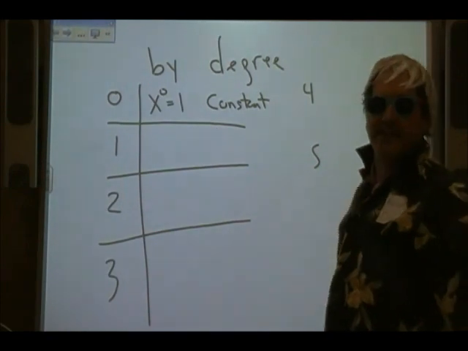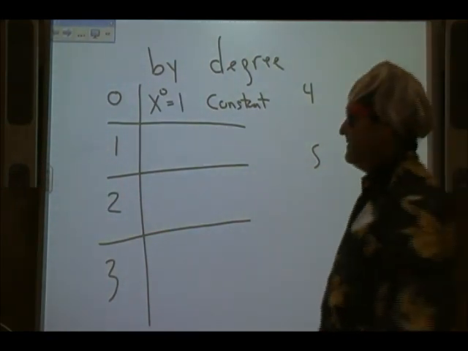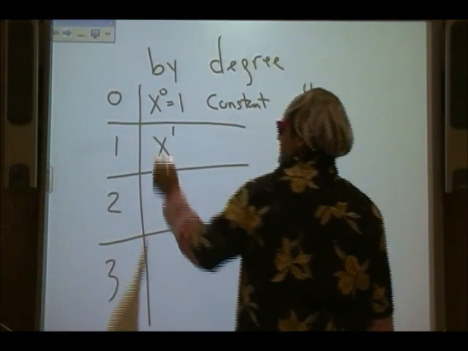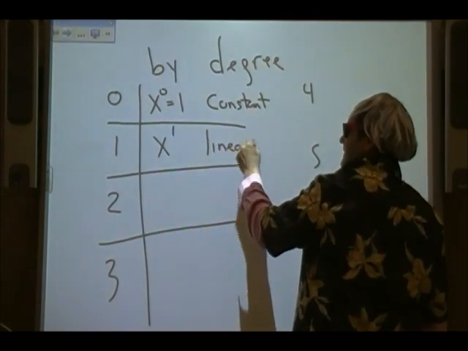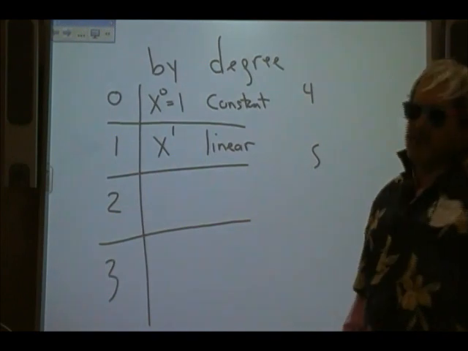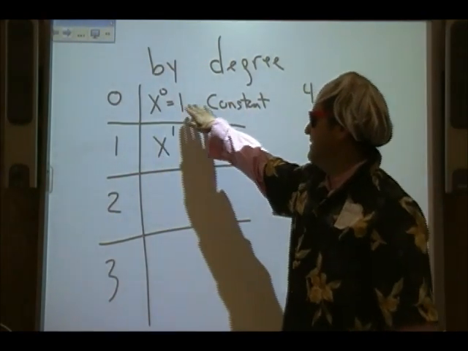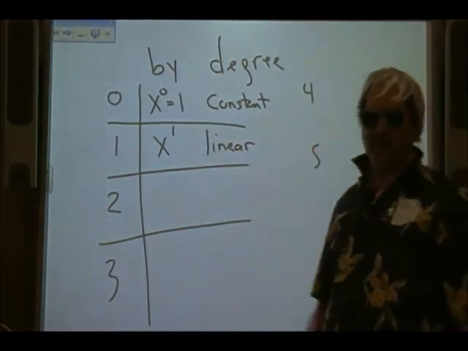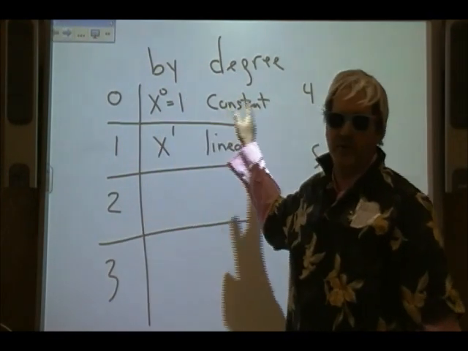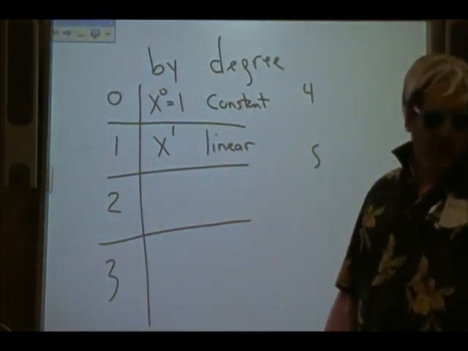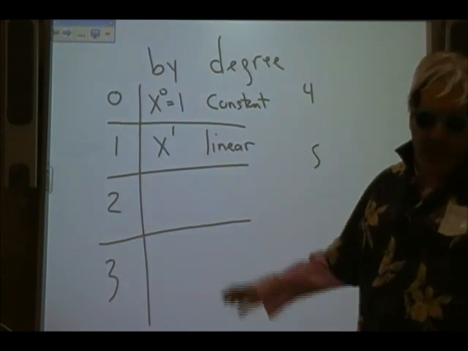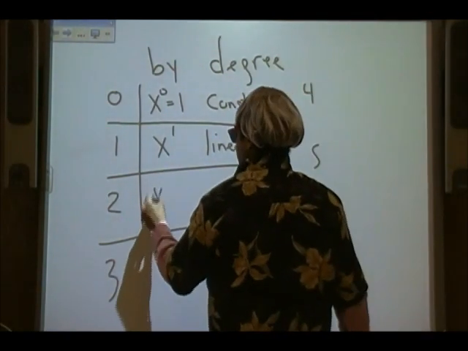Now, if you have it to the first power, you're going to get what's called linear. Constant means it never changes. This stays the same all the way through. No matter what you do, you're going to get 1, 1, 1, 1. Linear means it changes. Okay? Or you can have it to the second power.